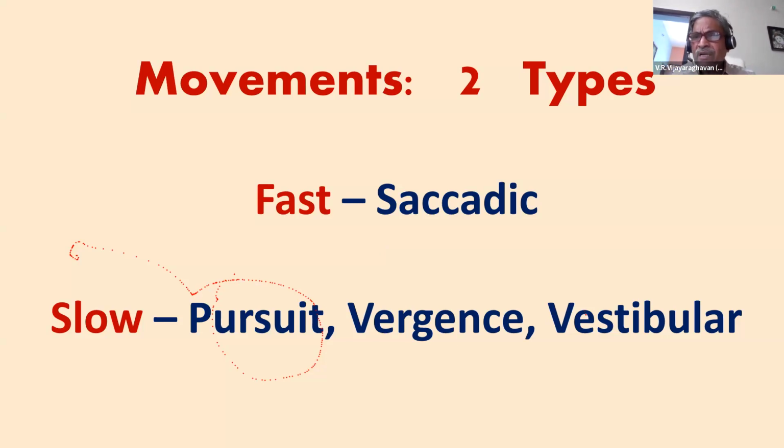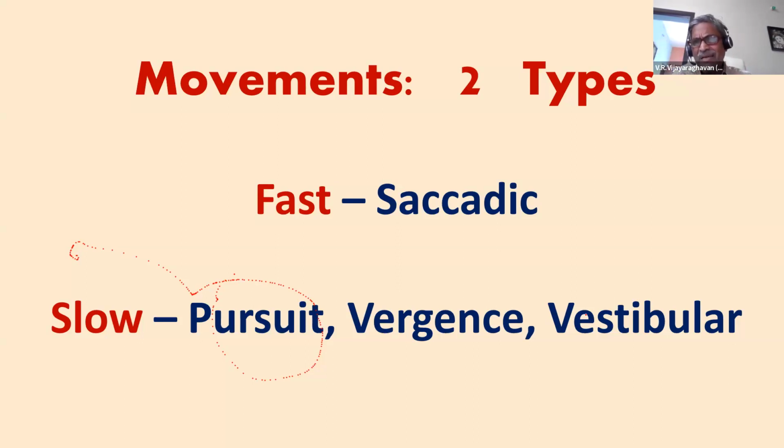Cold water, opposite; warm water, same. When cold water is injected, the eyes go fast towards the other, opposite side. That's COWS: cold water opposite. When warm water is injected, the fast phase is towards the same side. That's what we call COWS.